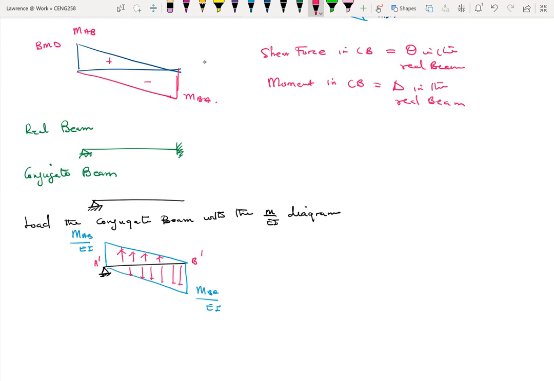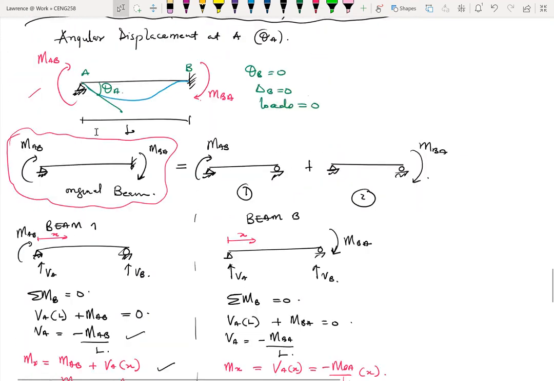Okay. What I want to do is to find the rotation at A, right? I want to find theta A. So theta A in the real beam is the same as VA in the conjugate beam, or VA prime. So once I find VA prime, I've found my rotation. All right, theta A. Okay, and theta A is clockwise, which we have established over here already.